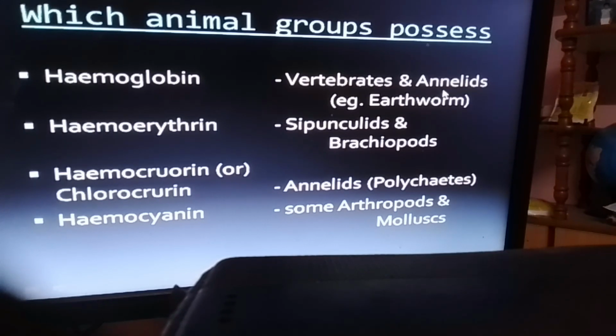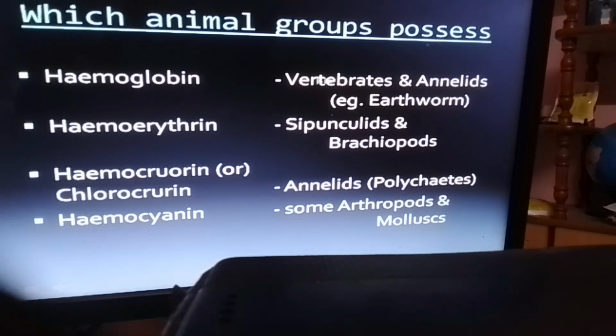Among the invertebrates, some of the annelids possess hemoglobin as their respiratory pigment. A well-known annelid having hemoglobin in its blood is the earthworm.